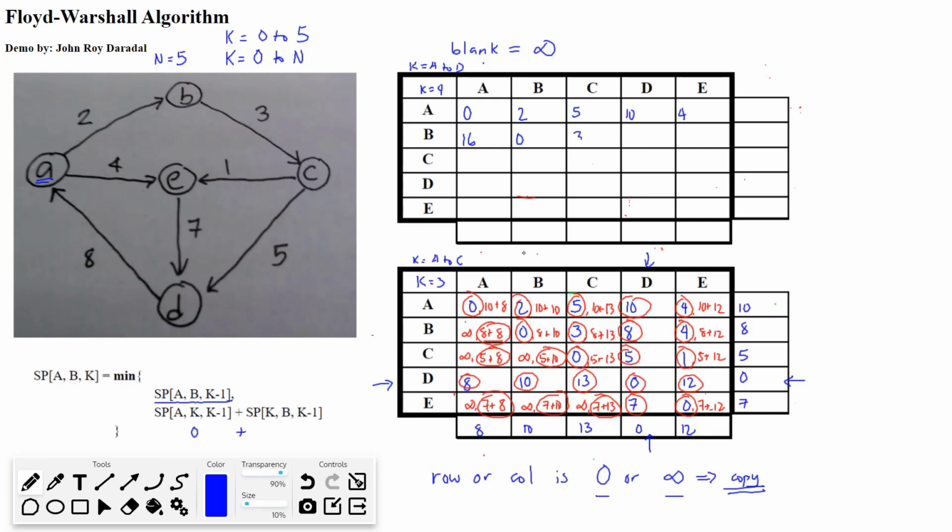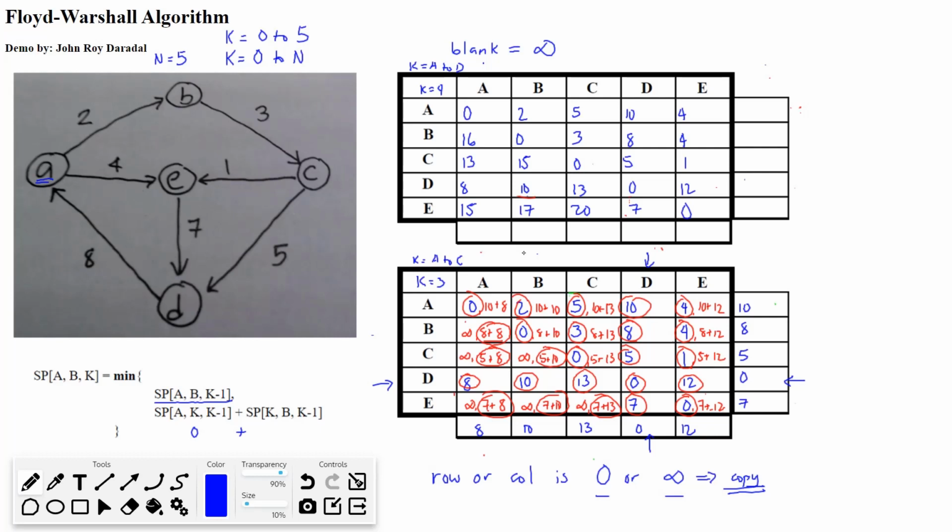And then 3, 8, 4, and then new value 13, new value 15, same values 0, 5, 1, and then just copy the next row, 13, 0, 12, and then new value 15, new value 17, new value 20, then you have 7, and then you have 0. So we actually have all values now in the table.